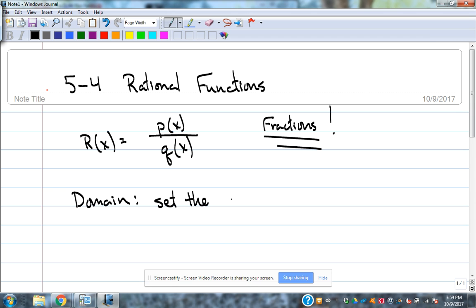Really, really simple idea. The same way we did back in chapter 3. And then solve, obviously. And that gets you the things that x cannot be.